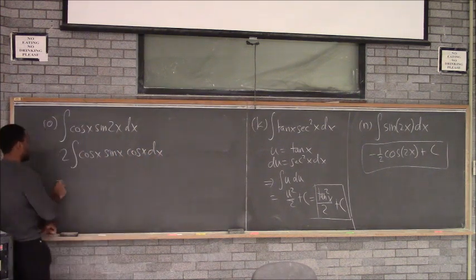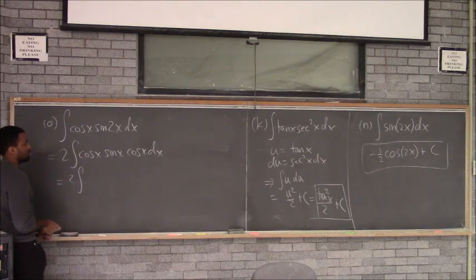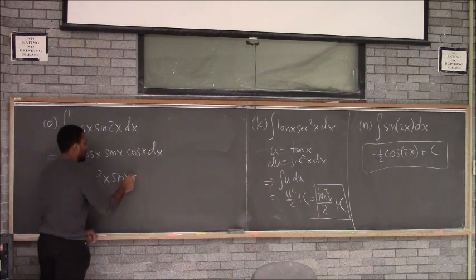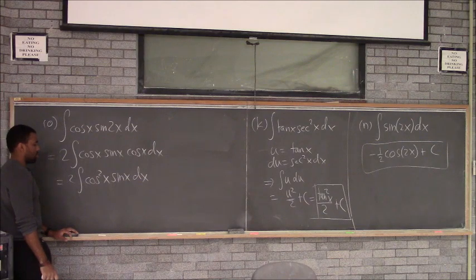Then what? And then you could, I think you could, it becomes cosine squared x cosine x. And then you would use u, maybe? You would use u as sine x.